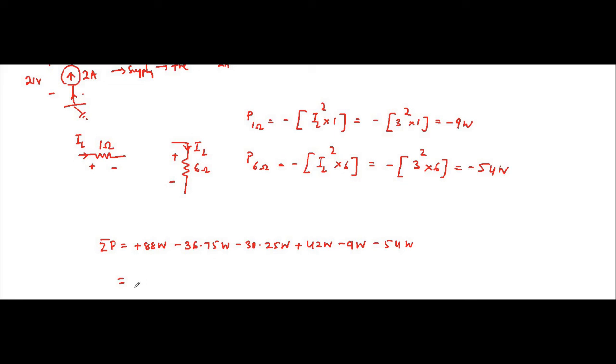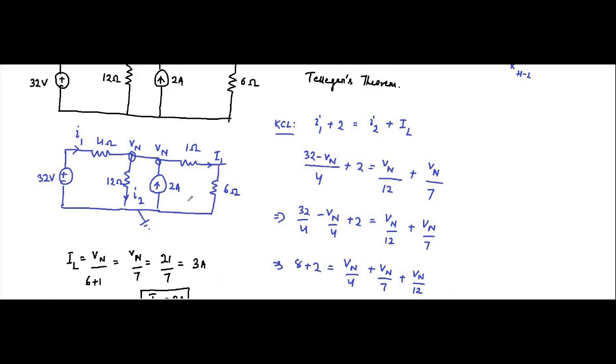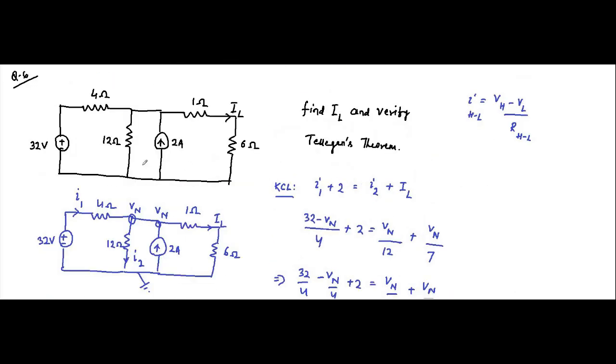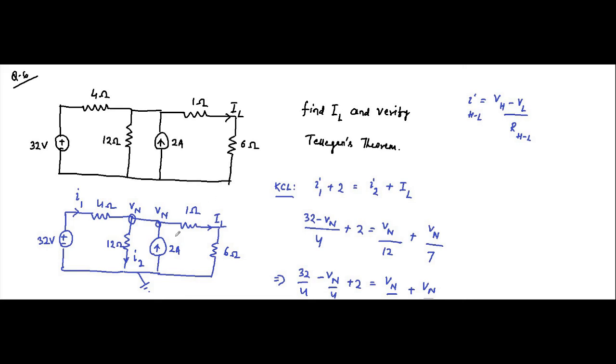So it is coming as 0 watt. Again, the summation of total power absorbed and supplied, the net power in a closed circuit, is 0. So we have verified the Tellegen's theorem, and we calculated IL. Okay. So this is the 6th question related to Tellegen's theorem.